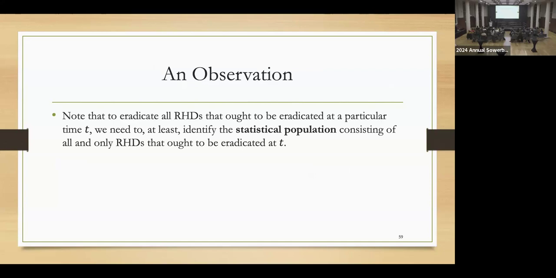So presumably, you're going to want to at least identify the racial health disparities that are a target for eradication. So at least the statistical population, you could ideally want an entire list, but you could figure out whether you're done by, say, representatively sampling from the population and always getting no racial health disparities.